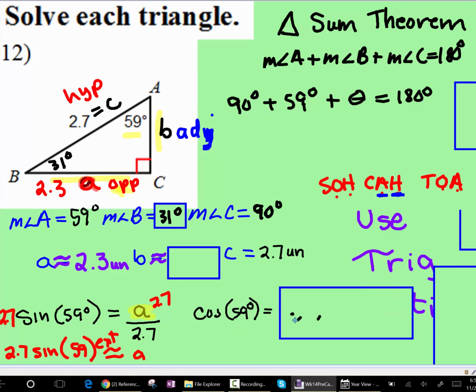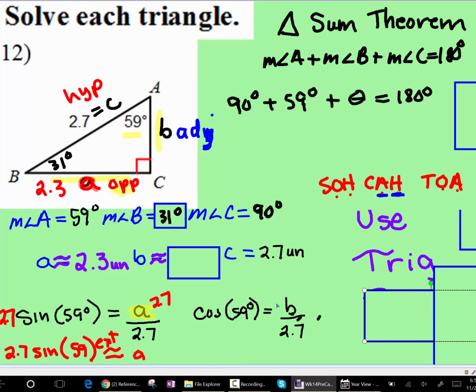Cosine of 59 degrees is equal to b over 2.7. We multiply both sides by 2.7, type that into your calculator exactly like that, and round to the nearest tenth. You end up with b about 1.4. We're just going to call all of those units, so b is about 1.4 units.